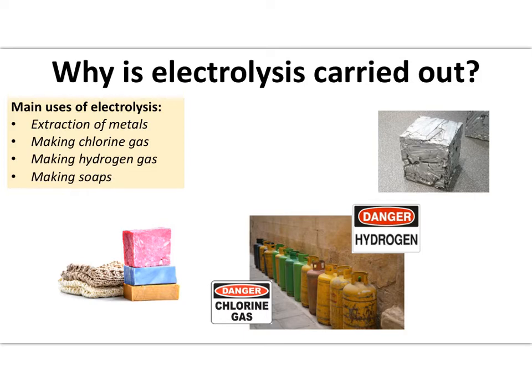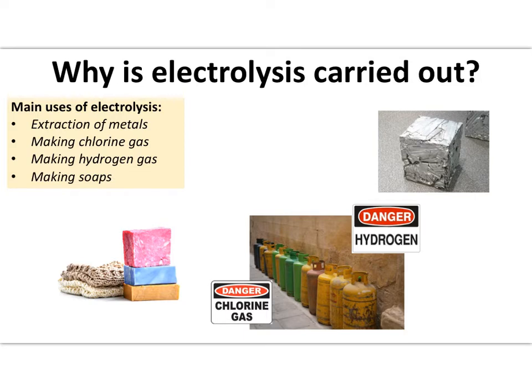So we use electrolysis today for a variety of reasons, many of which are very important. It's used to extract certain metals. Essentially, any metal that's above carbon in the reactivity series is likely to be extracted by electrolysis.